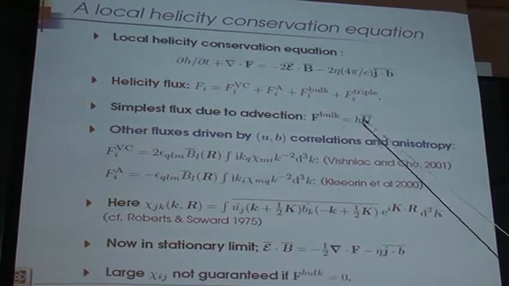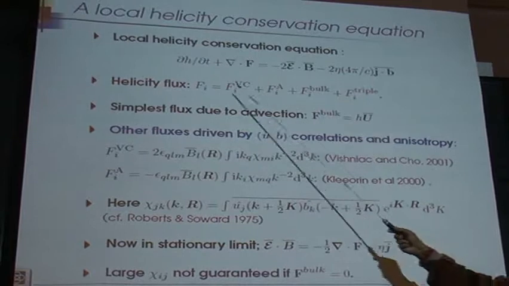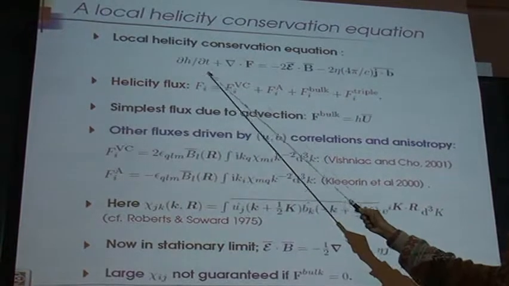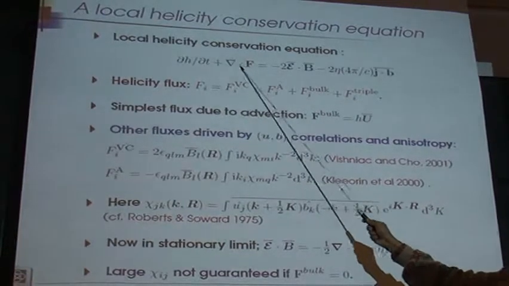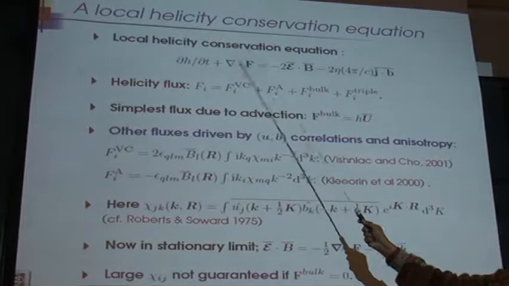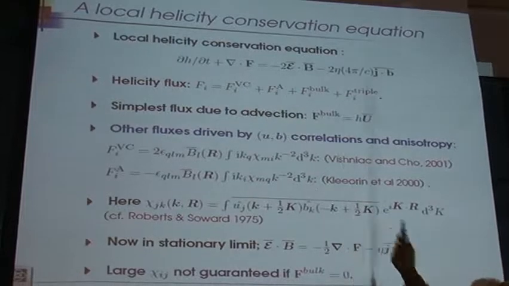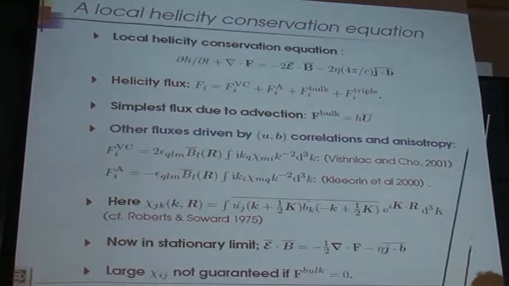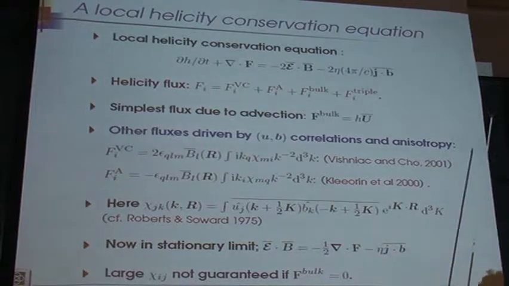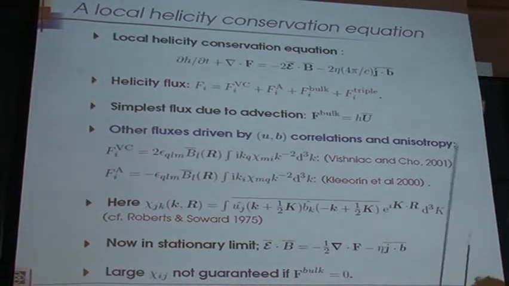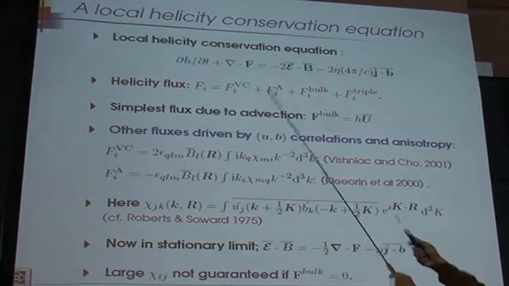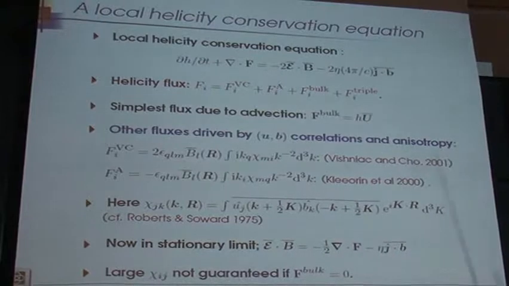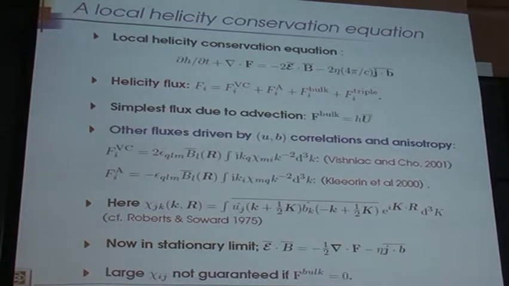So this part is absolutely natural. You get dH by dt plus divergence of h u bar, which is how you always see any conservation of a density. Like the continuity equation, you'll have d rho by dt plus divergence of rho u, or momentum density conservation. It's absolutely natural.